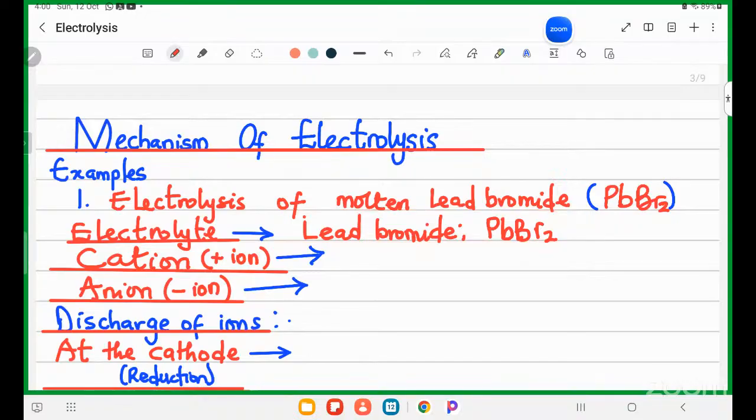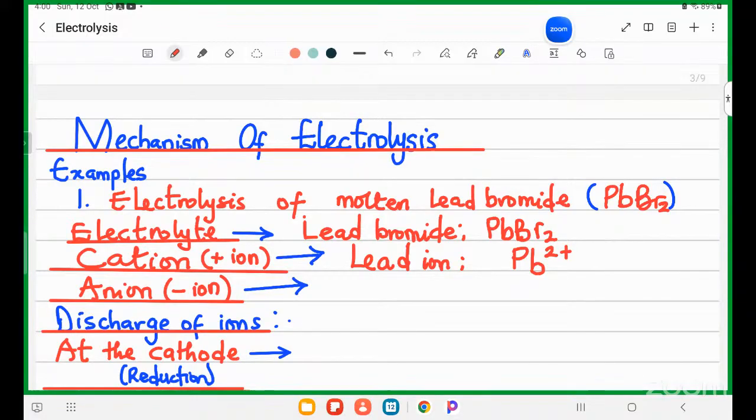Then what is the cation? The cation is lead ion. What is the formula for lead ion? Pb2. Positive. You forgot to put positive. Okay.